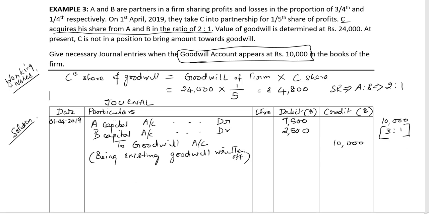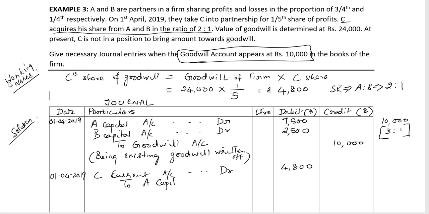Next journal entry. Same date, 1st April 2019, for the goodwill adjustment on C's admission. So we have C's current account debit. C's share of goodwill is rupees 4,800, to A capital account, to B capital account.